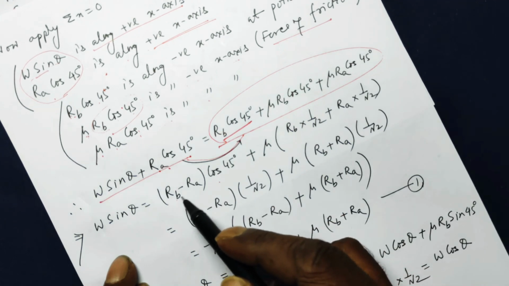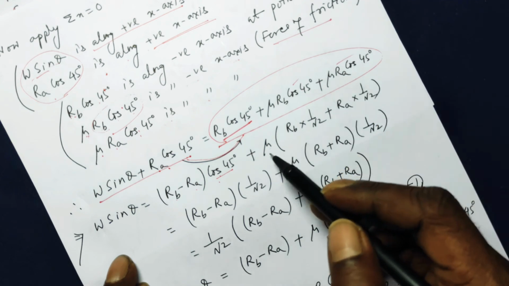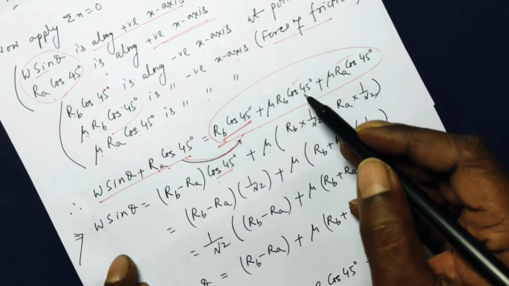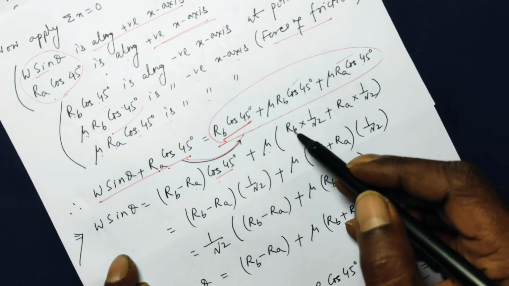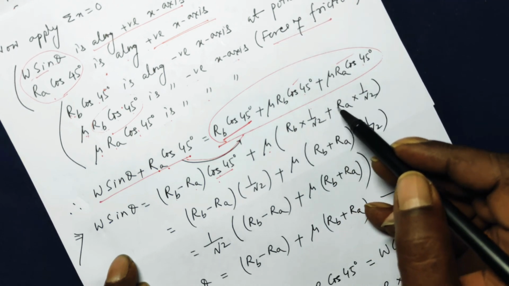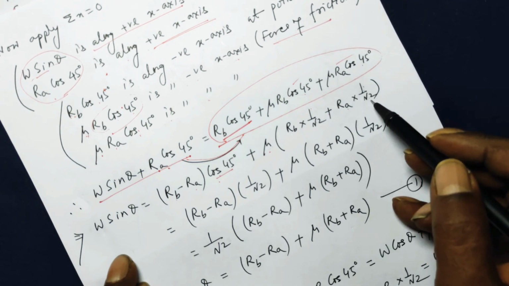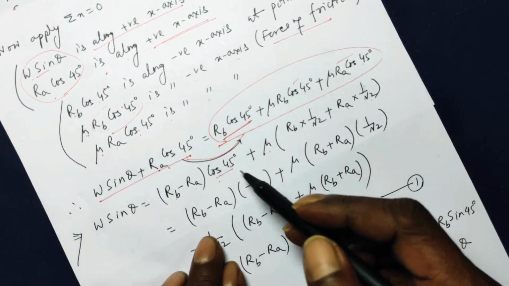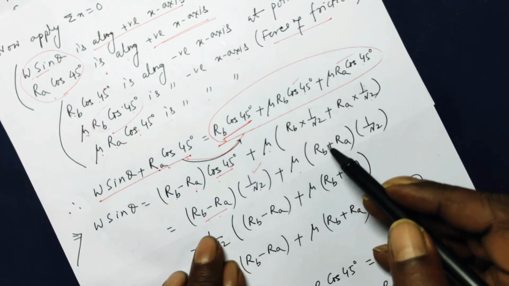We are left with Rb minus Ra cos 45. And from these two terms, if you take mu common, it becomes mu times Rb cos 45 plus Ra cos 45, with cos 45 being 1 by root 2.